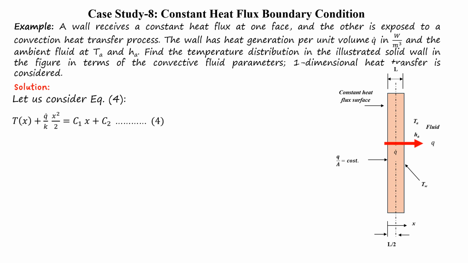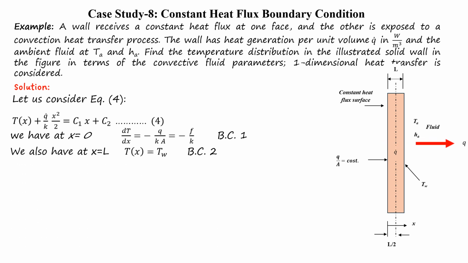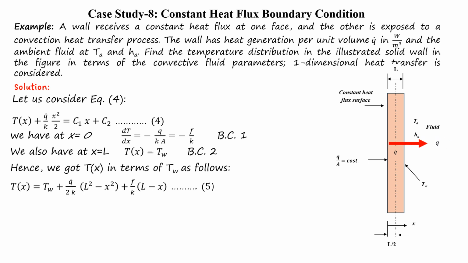And two integrations will produce equation number 4, and we need to apply the boundary conditions: when x equal to 0, dT by dx equal to minus F divided by K, and when x equal to L, T of x equal to T sub W. If we apply these boundary conditions, we will get the temperature distribution in terms of T sub W, and we have this solution from the previous example in terms of equation number 5.